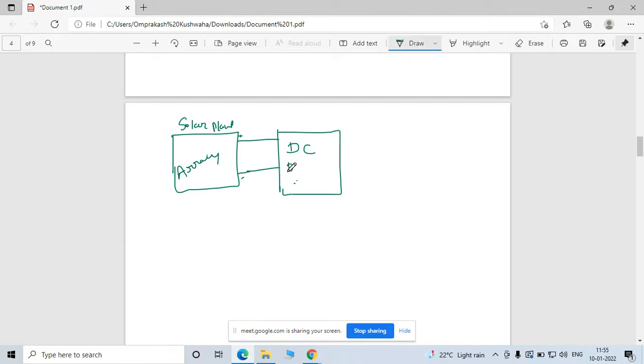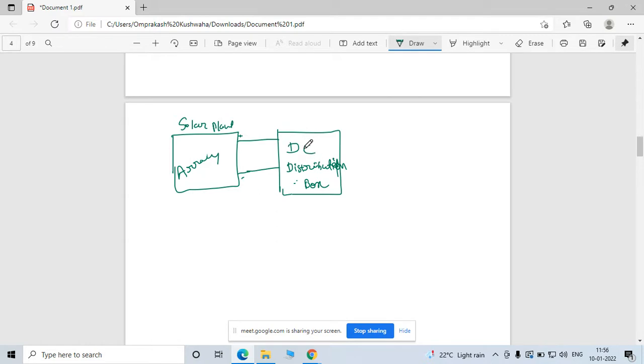This is your distribution box. Because the solar radiation is not constant during a day, the output power also varies.